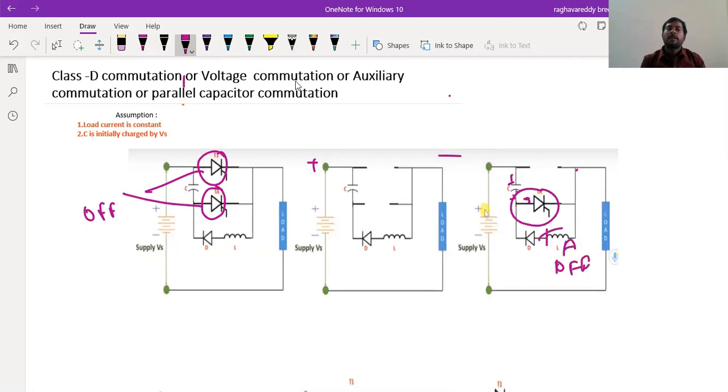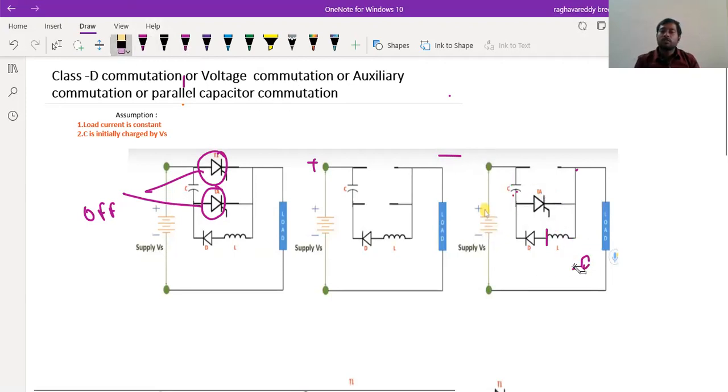once the capacitor reaches the full voltage, which is equal to the supply voltage. That's what I assumed: the capacitor is initially charged with positive and negative.